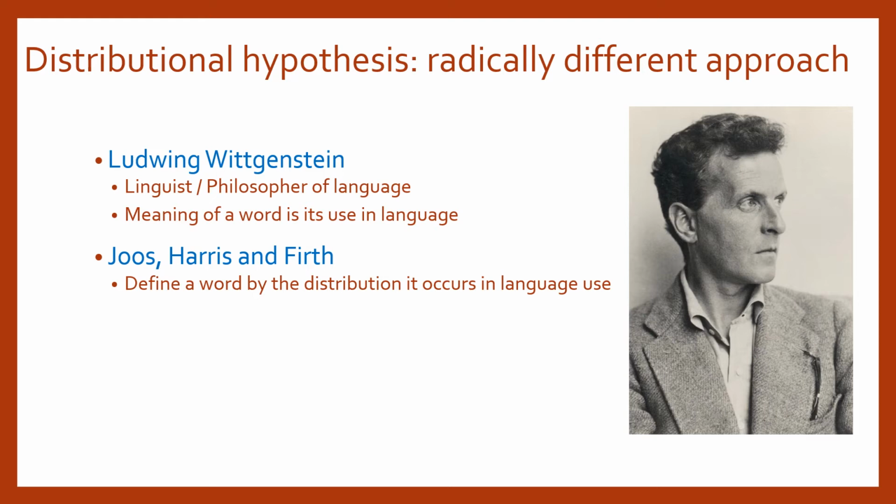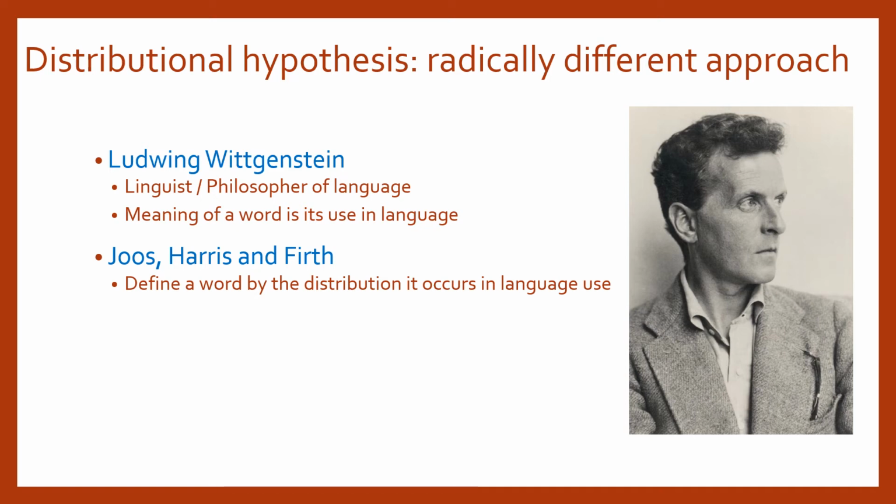Although this was an idea of the philosopher Ludwig, it has been taken forward and converted in a more formal way into a model which we can use in a machine learning framework.